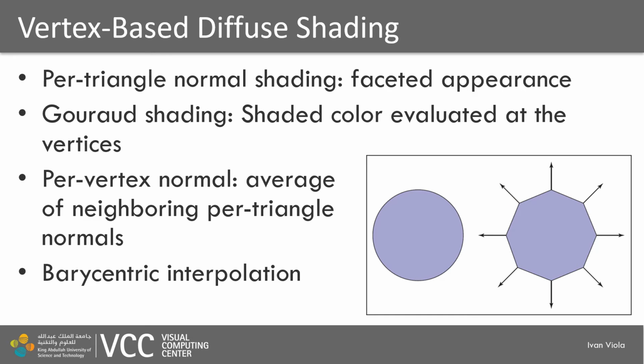A per vertex normal can be calculated, for example, by averaging the per triangle normals of all triangles which contain this vertex and then normalizing.